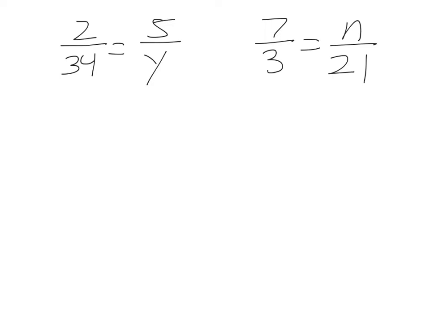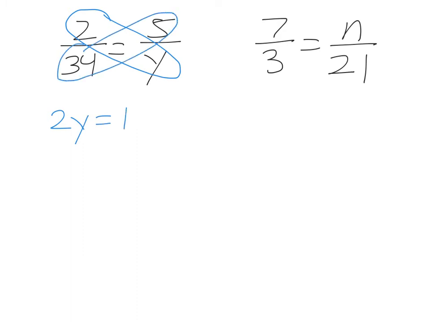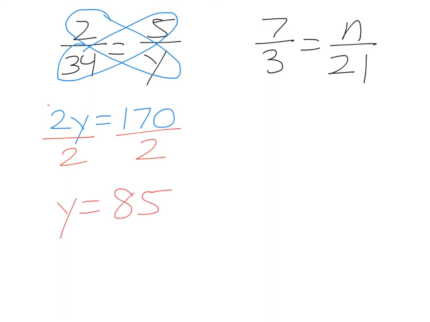All right, let's see how well you did with this. Start with 2 times y and I get 2y. 34 times 5 is 170. Divide both sides by 2 and I get y equals 85. And so there's the first one solved.